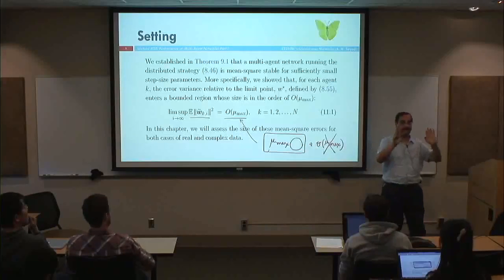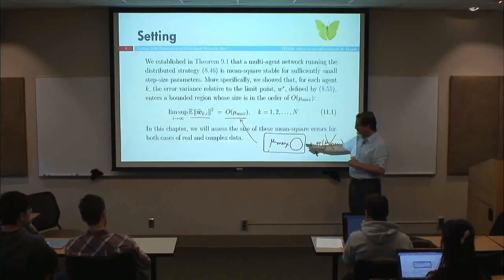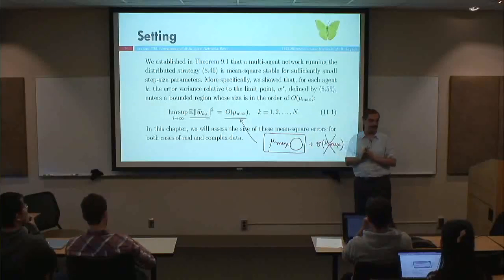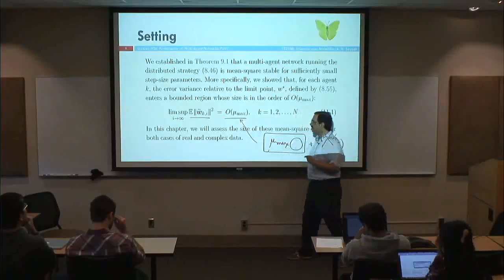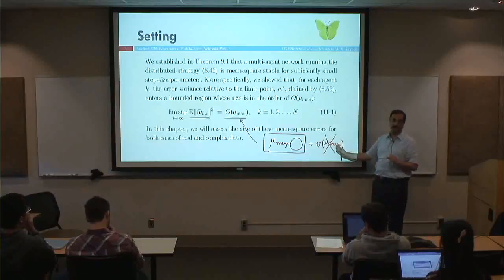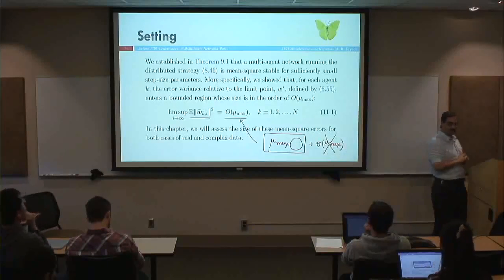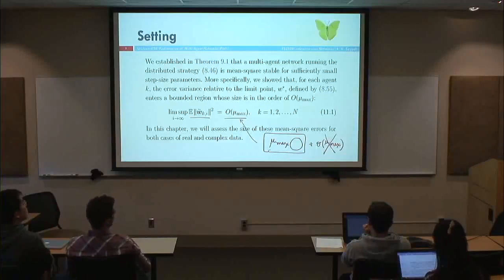You understand? This is what I'm aiming for. It will take some effort until we arrive at the expression that should go inside this circle, but I'm going to be much more explicit, find out what the right-hand side is, write it in this form, ignore the higher order term in mu, and tell you this is the performance for small step sizes. This is the strategy for this lecture and the next.